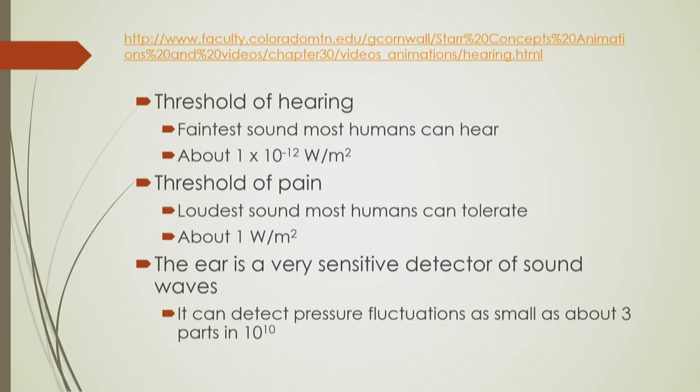Which kind of leads to why we have to worry about our hearing so much. If I live in a very, very quiet environment, and that's one of the things that they notice in some of the Alaskan communities, where people live in a very quiet environment, and then they fire off a rifle, that sudden jolt to their ears is enough to cause permanent damage.